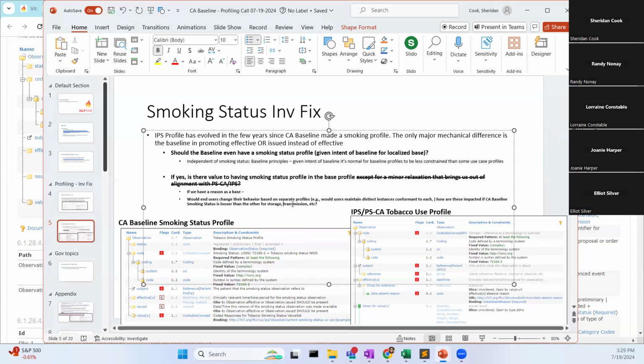We have almost no must supports in the baseline profiling on practitioner. That doesn't mean we would expect an instance for practitioner in Canada to go over the wire with nothing in it. It's more a reflection of when we're telling authors, these are the things you can say across a bunch of different use cases that are going to be consistent. Start with this and know that there's going to be an additional layer of rules that likely layers on.